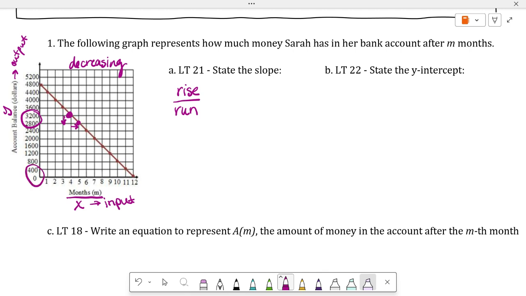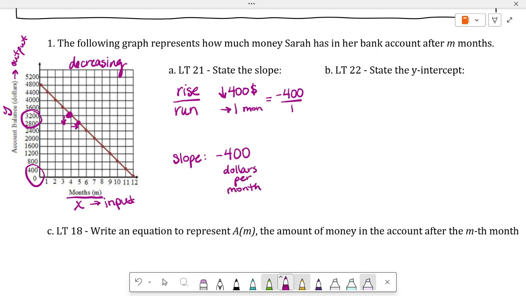Our scale here is $400. So we are going down $400 and over to the right 1 month, which means our slope is negative 400 for down over 1, or if we're talking about it as a rate, we're talking about negative $400 per month. So she is spending her money.